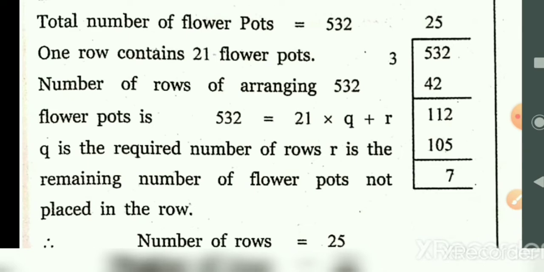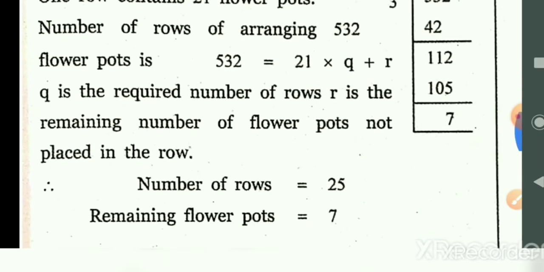So the number of rows is 25, and the remaining flower pots is 7.